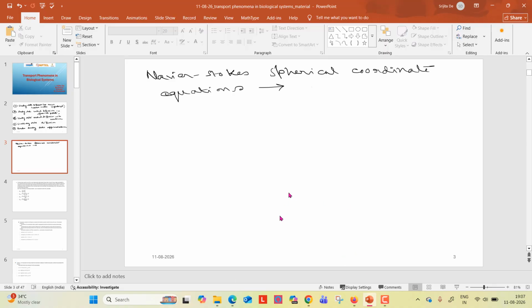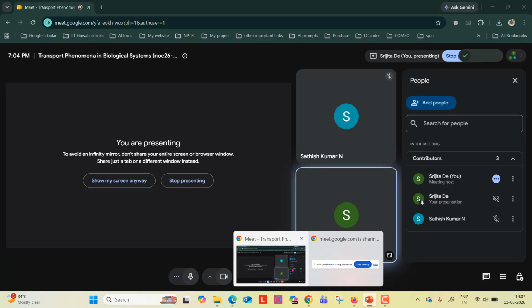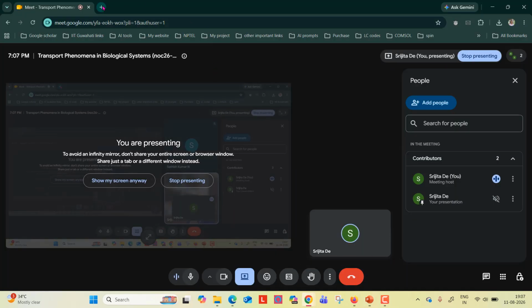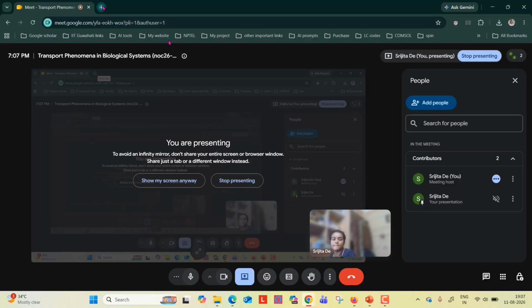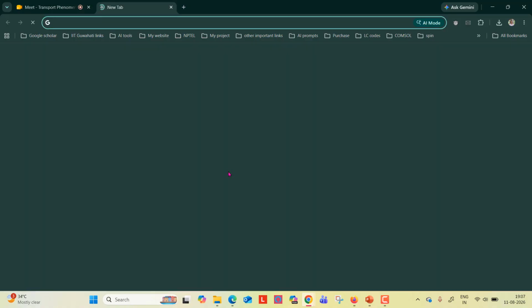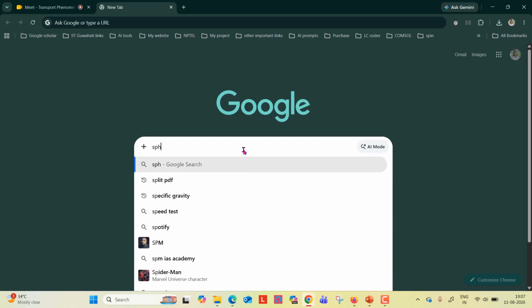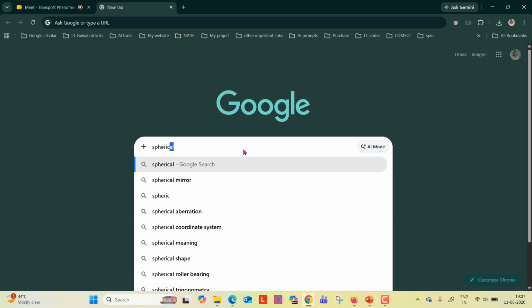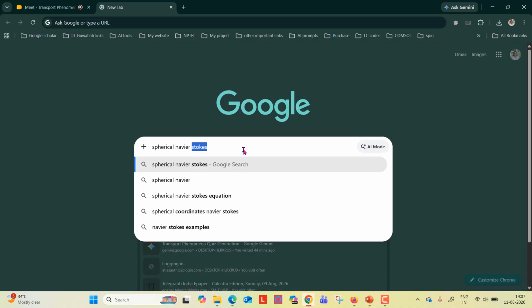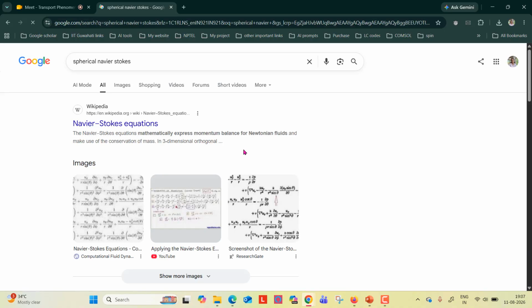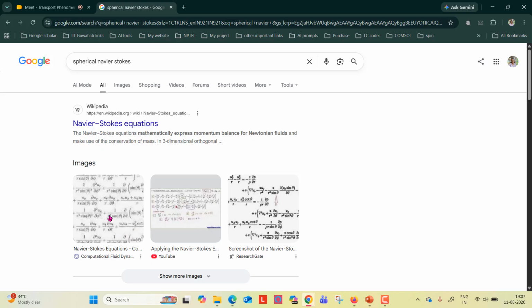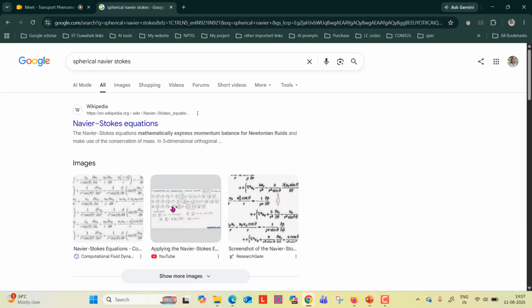You can follow the exact equations, but I'm just showing it from here. This is a huge equation, so it is a little bit difficult to remember, but you write it on your own, because these equations will always be given. They will not ask you to write the equation, right?